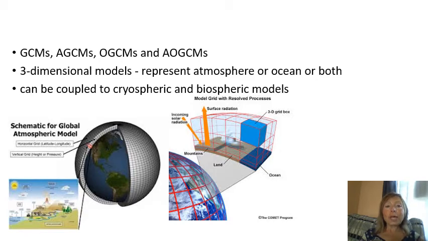So AOGCMs today can be coupled with cryospheric models, the models that help us understand how ice, snow and glaciers are evolving, as well as biospheric models and biogeography models that help us understand the processes in vegetation and in soils, and the way soils and vegetation, being a part of the climate system, participate in positive feedbacks with other carbon sinks.